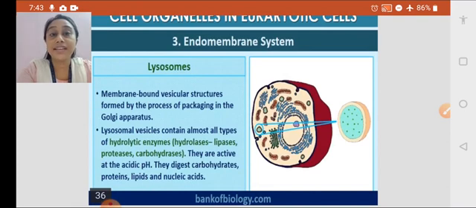So we were studying about the endomembrane system and we have studied two organelles of the endomembrane system already, endoplasmic reticulum and Golgi apparatus. The next organelle which is a member of the endomembrane system is the lysosomes. What are lysosomes? Lysosomes are also membrane-bound sacs or vesicles.